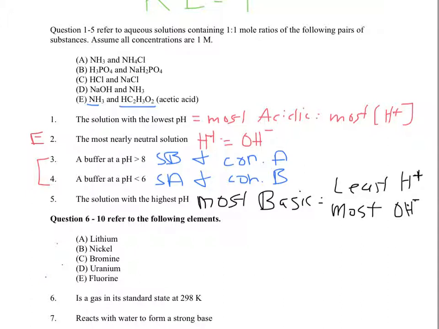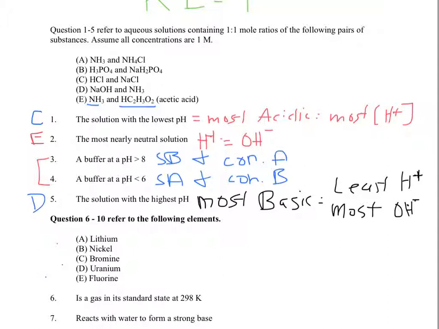You've got a strong acid and a salt, right? And then D, you've got a strong base. So that kind of throws it out. So which one's it going to be? The lowest pH, most acidic. It's going to be C, right? Because of that strong acid. All right, let's look at the last answer then. The solution with the highest pH. Well, there was only one strong base on there, so what would it be? D. Do you agree? Okay.